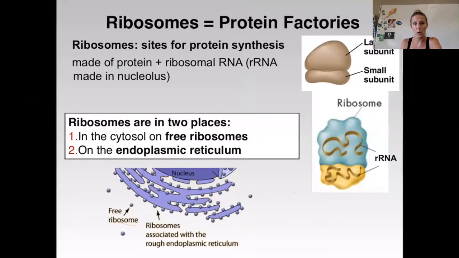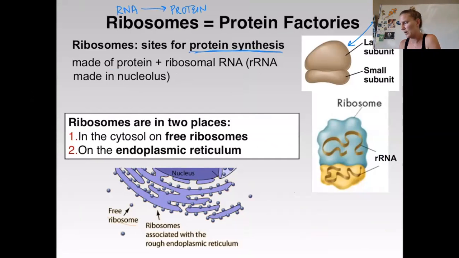All right, ribosomes. Ribosomes really are protein factories, all right? So what ribosomes are going to do is convert RNA into protein, right? Ribosomes are the sites for protein synthesis. They look a little bit like those little Hawaiian buns, those delicious little Hawaiian buns that have the big top and then the bottom.